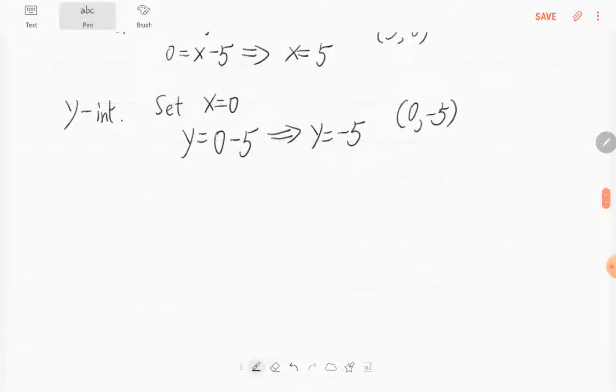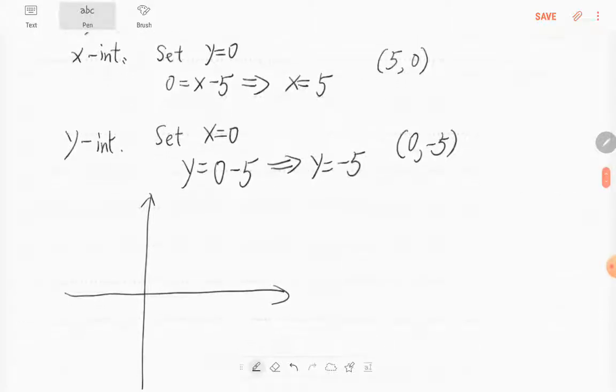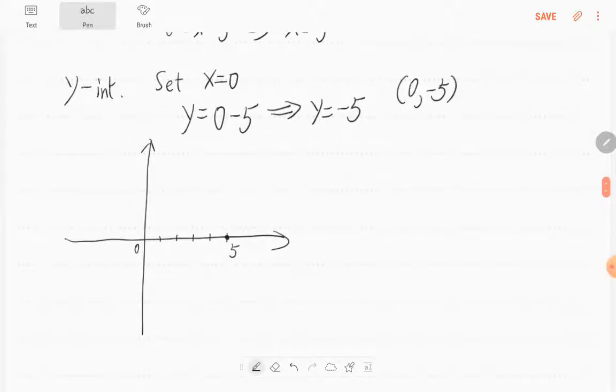So now let's draw the graph. You locate the x-intercept (5, 0). This is the 0, then 1, 2, 3, 4, 5. This is (5, 0), so this is this point. And another one: x equals 0, y equals negative 5.